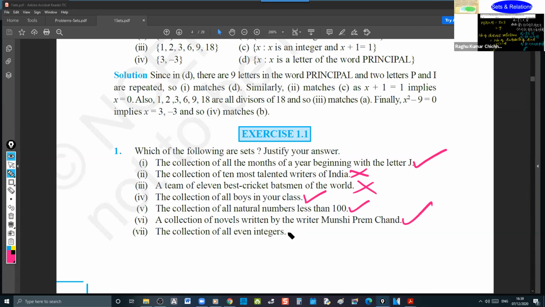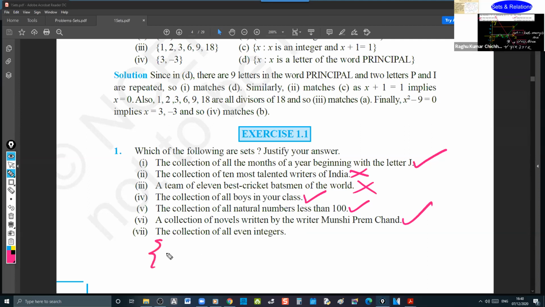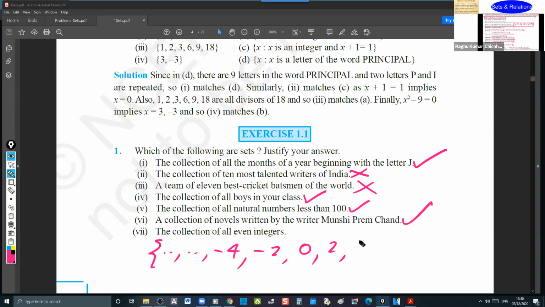No, it can be, but there are two types of sets: finite sets and infinite sets. This is an infinite set. The collection of all even integers means the integers that are divisible by 2, no? So we can write it as -4, -2, 0, 2, 4, 6, and it forms a set. Yes, sir.